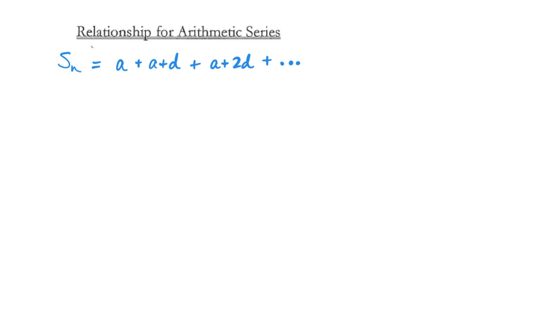And now this is where we might get a little ugly. Don't copy this down as we go because I'm going to alter some stuff. We should know, though, that way down here at the end, whatever the end of this series is, has to be my generic term of a plus (n minus 1)d.